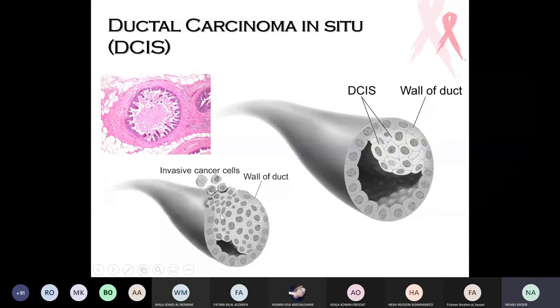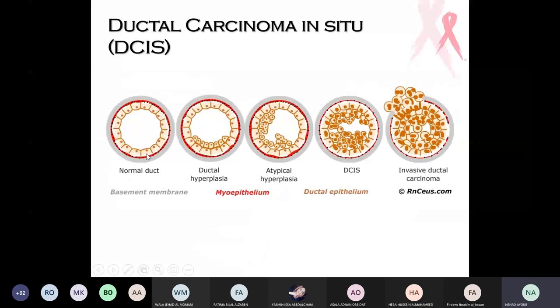They were inside, but then they become more invasive and they can just go outside, invade through, and now they spread outside the basement membrane. We see the cells in the stroma and the surrounding tissue. In this case, احنا بنقولها invasive carcinoma, okay? Invasive. And we start to stage from 1 to 4, okay?